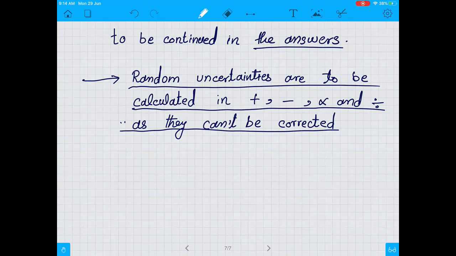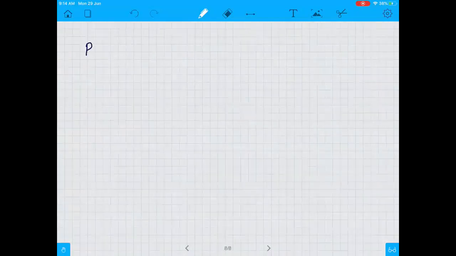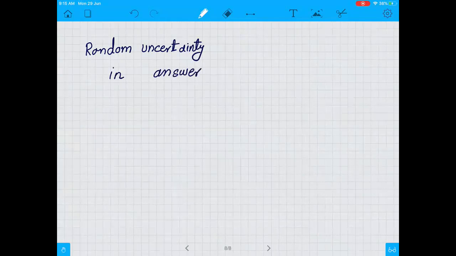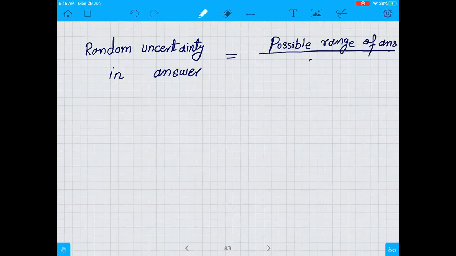Now, to calculate the random uncertainty in the answer of a calculation, you should know that random uncertainty in the answer of any calculation will be equal to the possible range of answer whole over 2.